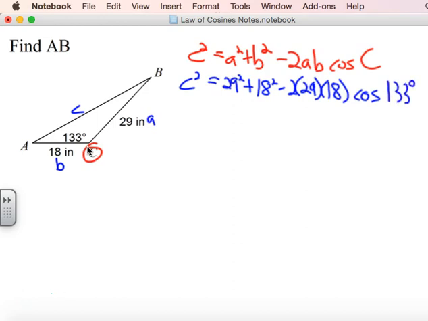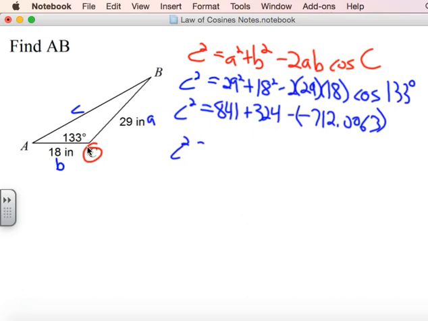All right, so let's go ahead and figure out what each of these equal. 29 squared is 841. 18 squared is 324. All right, and then we got minus. So I'm going to do 2 times 29 times 18. And I can even go ahead and do times cosine of 133. And I get negative, so I've got the minus written down already, so I'm going to have minus a negative 712.0063 basically.